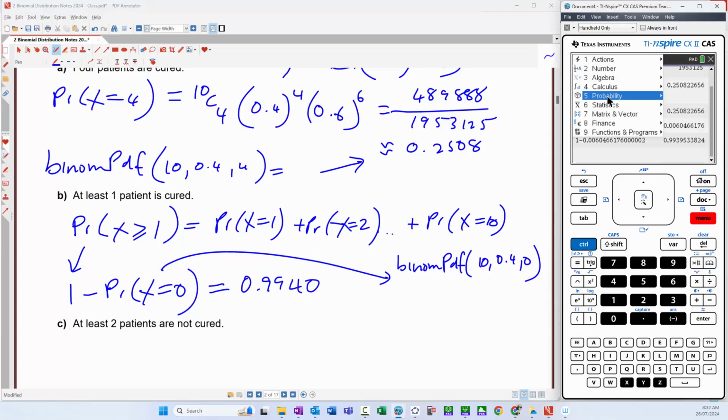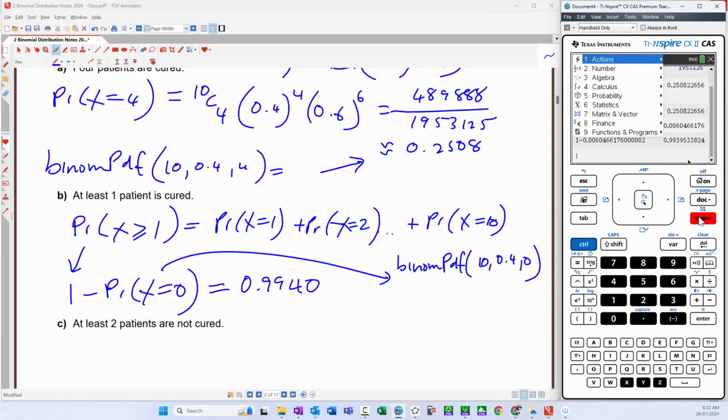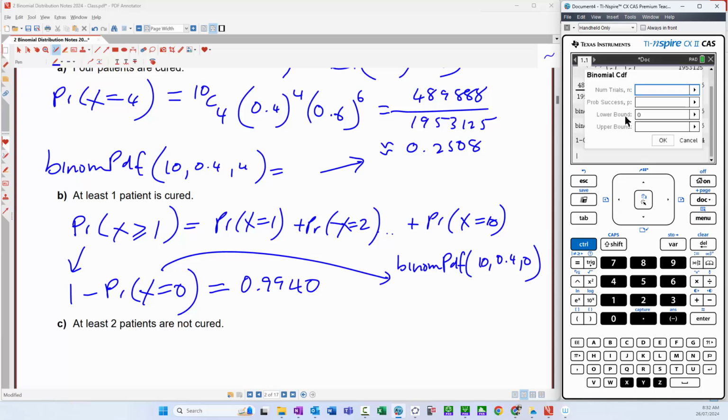So the other way we can do it is by again going to probability, choosing the distributions, and choosing what's called binomial CDF, which I think is the binomial cumulative distribution function. And it's a really cool function, because we're going to do this 10 times. Chance of success is 0.4.